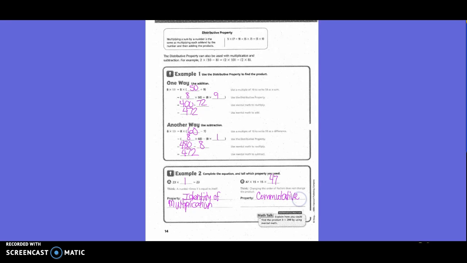And actually guys, this should say identity property. We should add property here. So commutative property. And then can I just leave it like that? No, I have to say of what? Multiplication. Of multiplication.